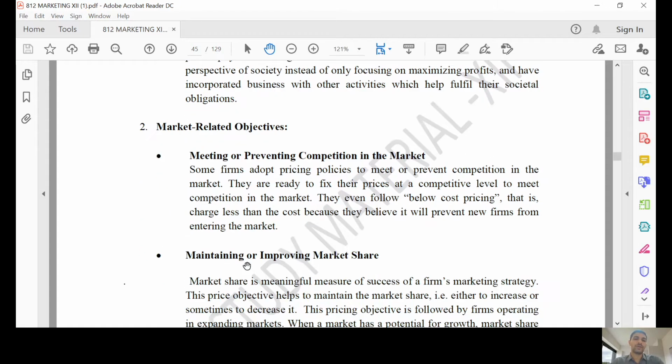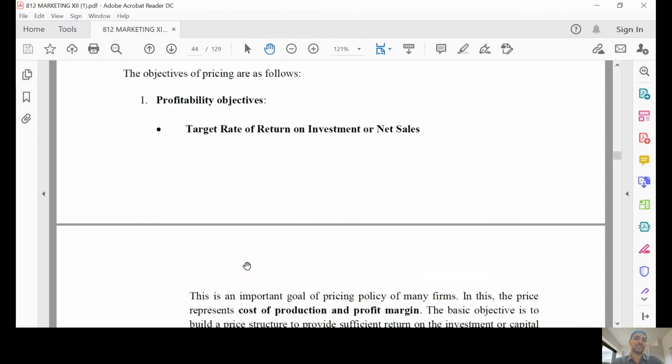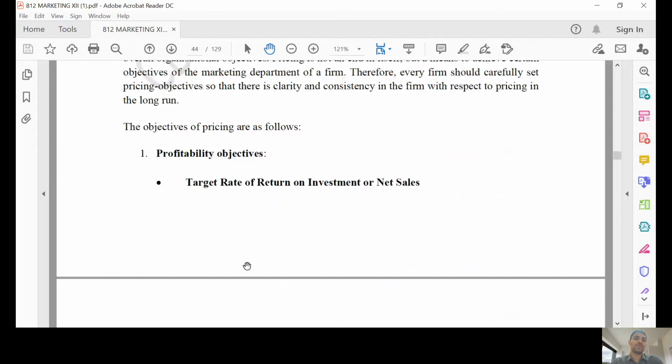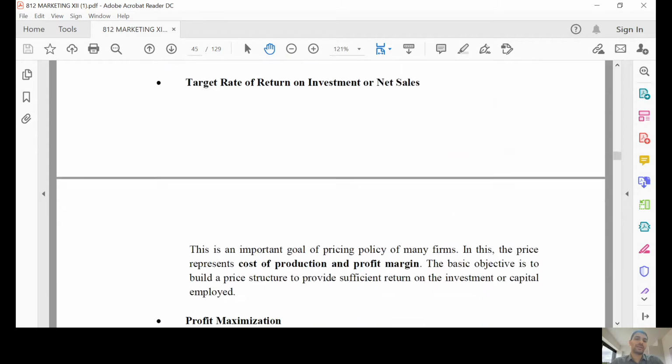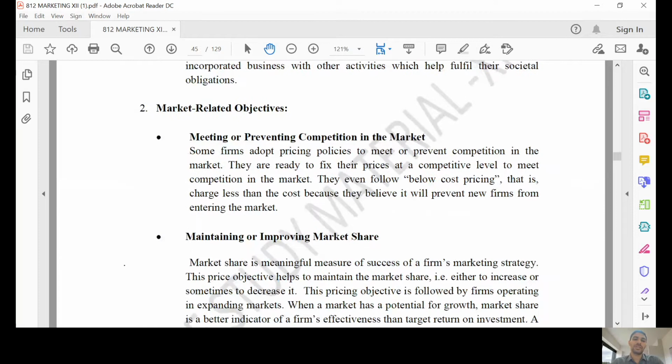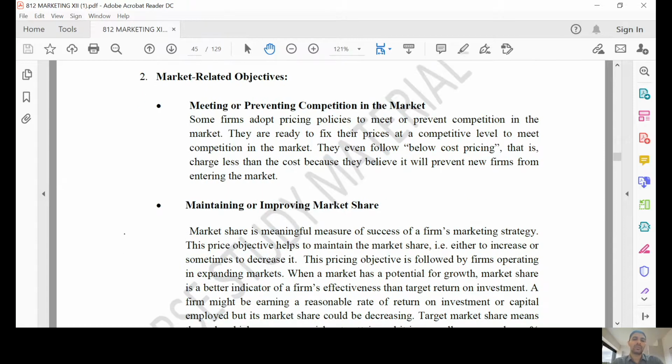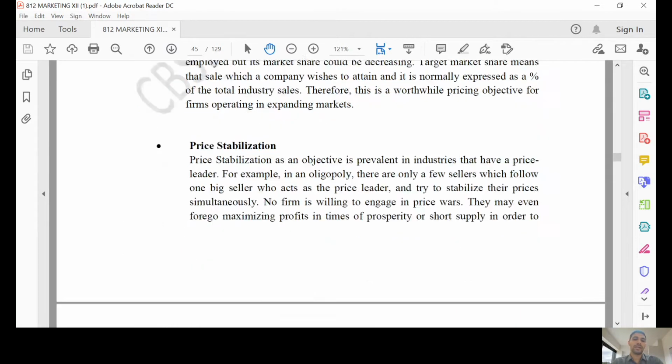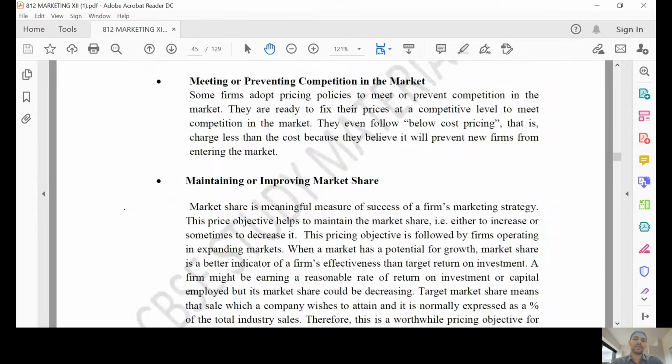So the first set of objectives is the profitability objective. The second type of objective is the market related objective. Market related objectives include meeting or preventing competition in the market, maintaining or improving market share, and price stabilization.